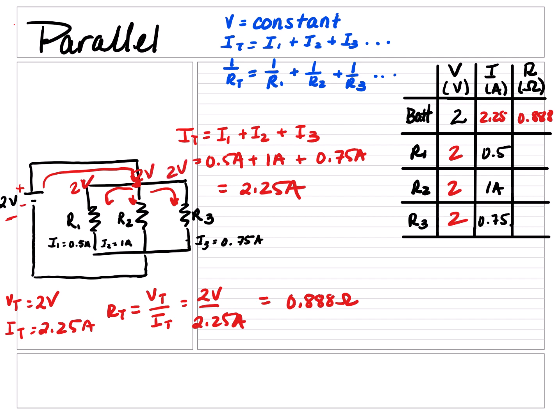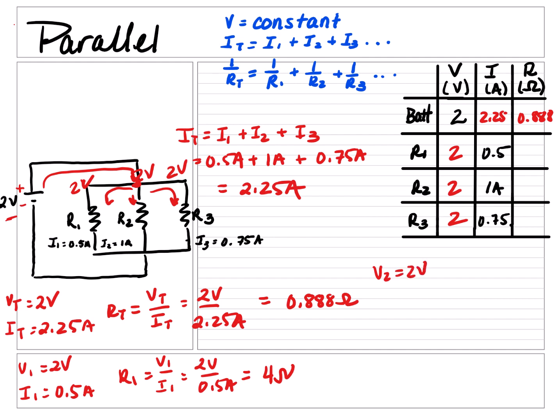I could now solve for R1 because I know V1 is equal to 2 volts, I1 is equal to 0.5 amps. So R1 is equal to V1 over I1, which is 2 volts divided by 0.5 amps, which will give you 4.